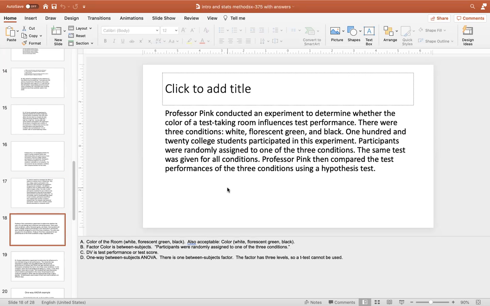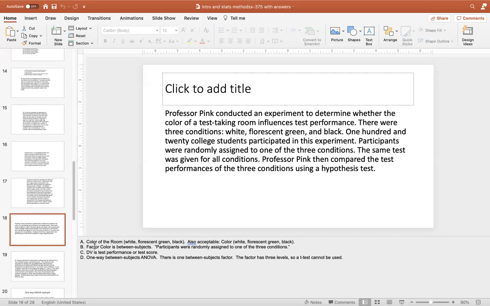All right, number 5. So here the factor is the color of the room. And the levels are white, fluorescent green, and black. Another acceptable answer is that the factor is called color, with the same levels, white, fluorescent green, and black.